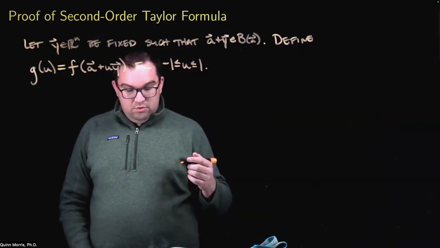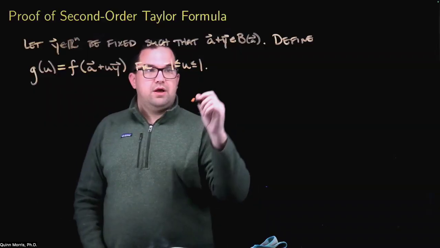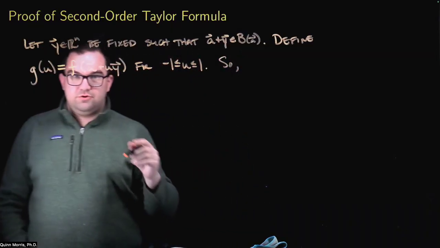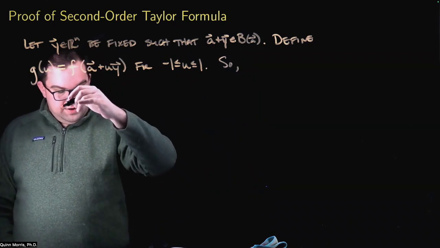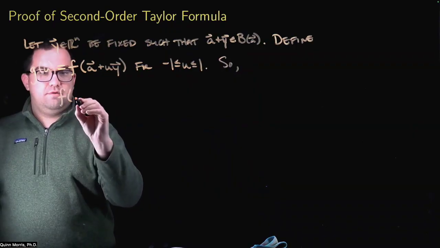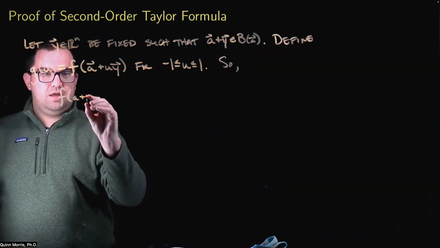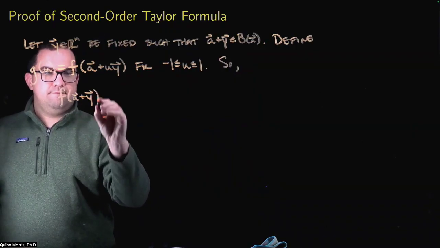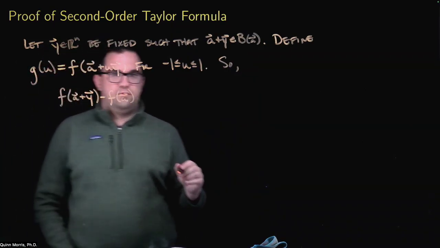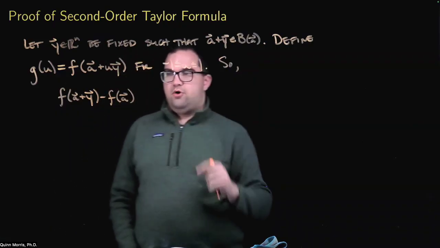All right. So what we want to do then is understand this quantity, so I'm going to write it in this way. I want to look at f of a plus y minus f of a. If you think about proving Taylor's formula, I'm going to subtract the f of a term over.